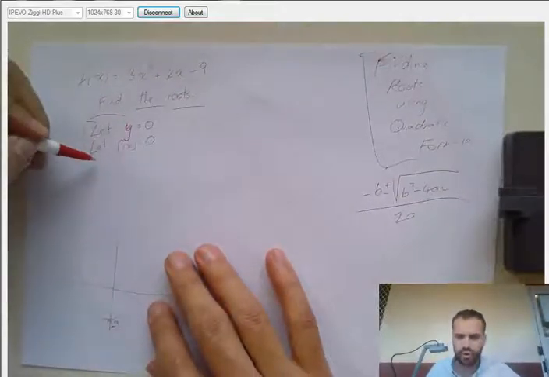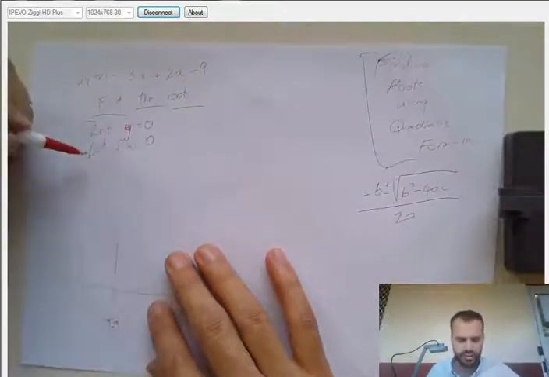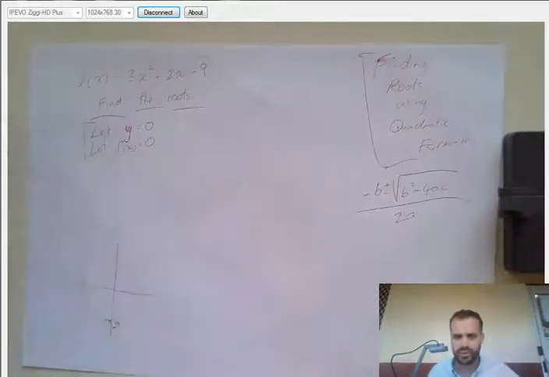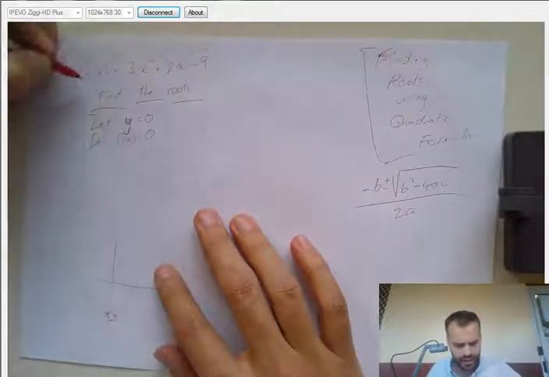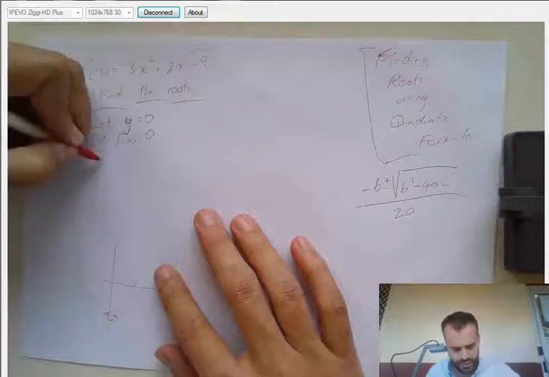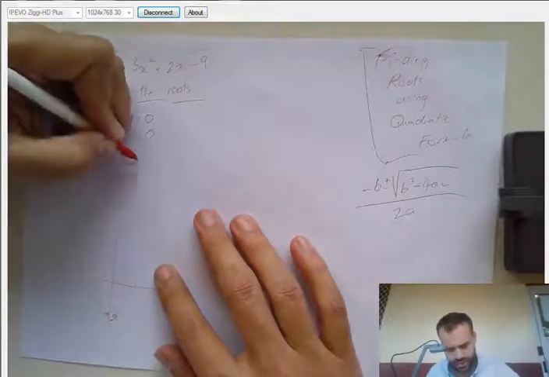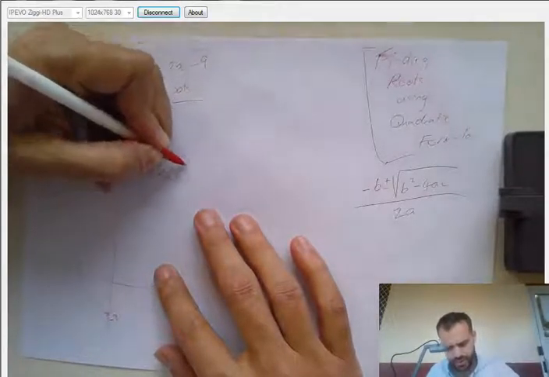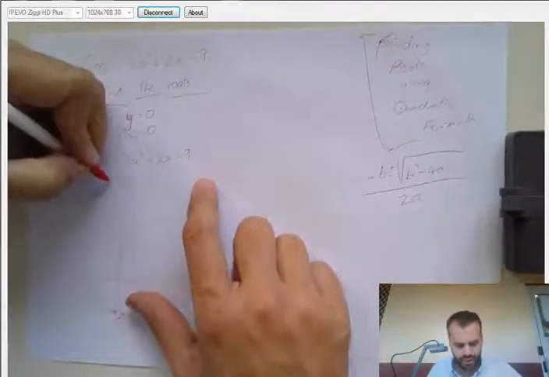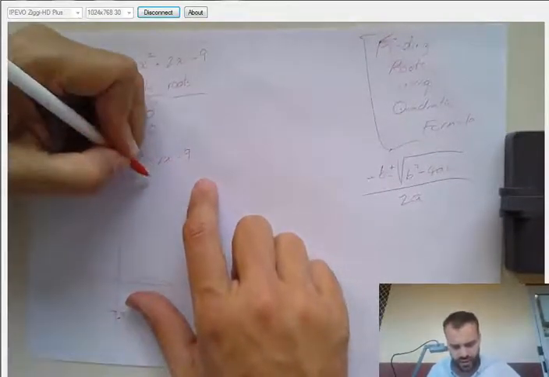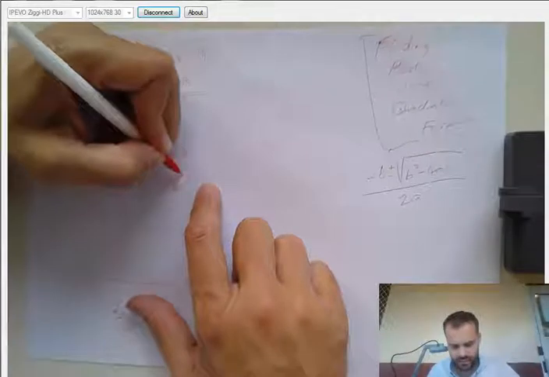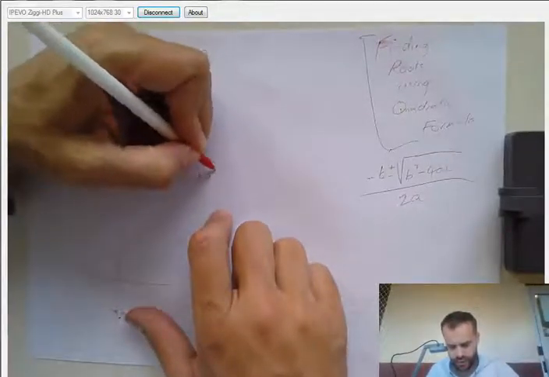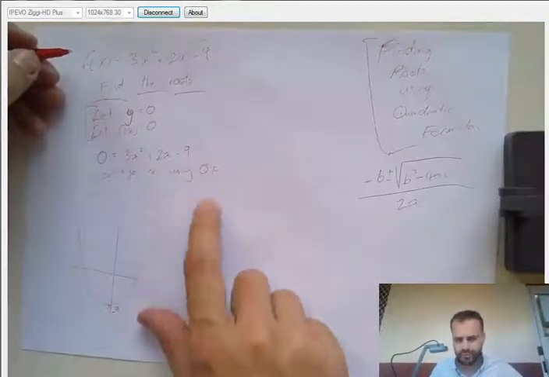You have to write let y equal 0 or let f of x equal 0, otherwise you're not doing the work. Okay, so we're going to let f of x equal 0, so 0 equals 3x squared plus 2x minus 9, and then we solve for x using the quadratic formula.